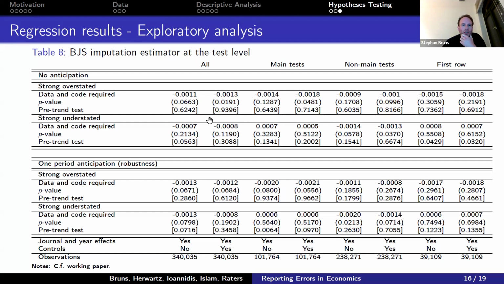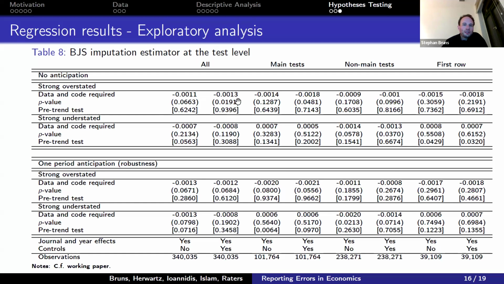I would also like to focus on the first two columns. We can see this is now an OLS estimate. So negative means it's reducing the prevalence of strong overstated reporting errors if there is a data and code policy active in the journal. And we can see the p-values suggesting that it's statistically significant.